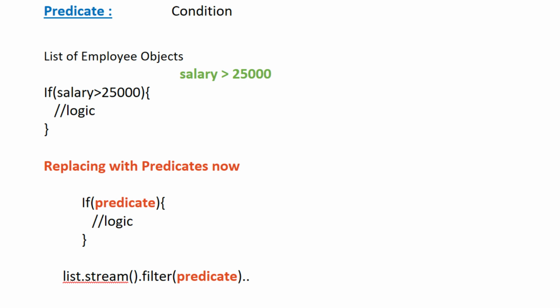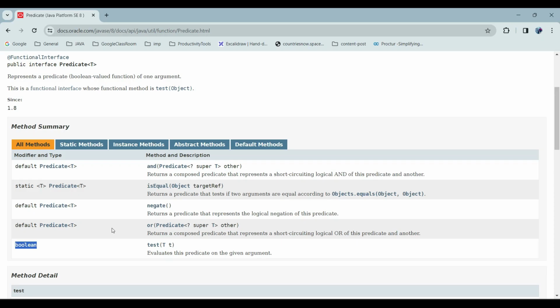For those kinds of scenarios we write a predicate implementation and we can pass that predicate implementation as a method argument, or wherever we can use predicates. Simply, it's like replacing the functionality of a conditional check for any given element.